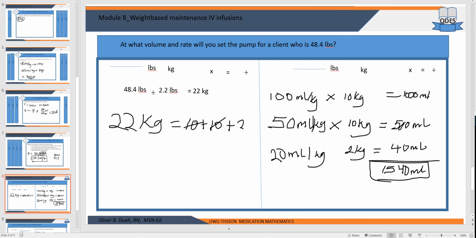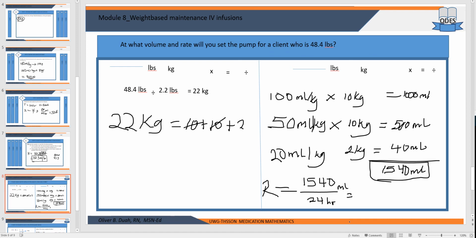Now that we have our total volume, we can find the rate by dividing this by 24. So our rate will be equal to volume over time, which is 1,540 divided by 24. So this is hour, this is ml.